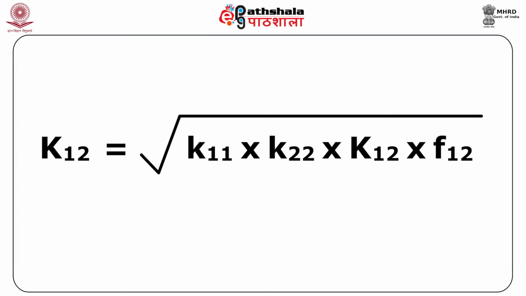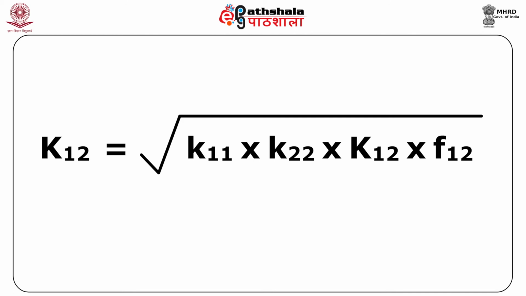K12 denotes the cross reaction, and it is equal to the square root of k11 into k22 into K12 into f12. So this is the equation. If we have the values of k11, k22, K12 and f12, we can calculate the overall constant k12.